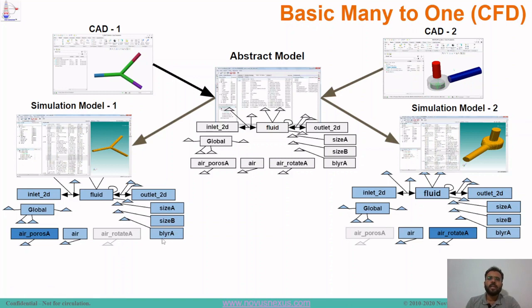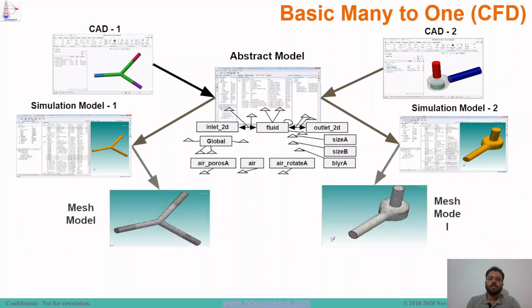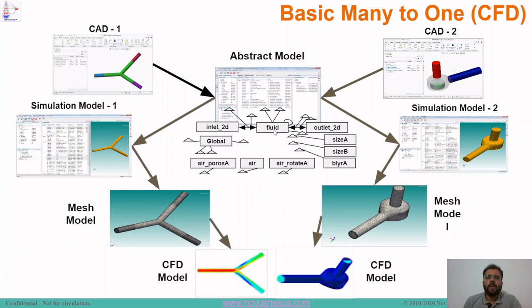This is how CAENexus makes the abstract model reusable. You can then automatically generate mesh and solver files. Then you can take the solver files, ready to run on your cluster for actual simulations.